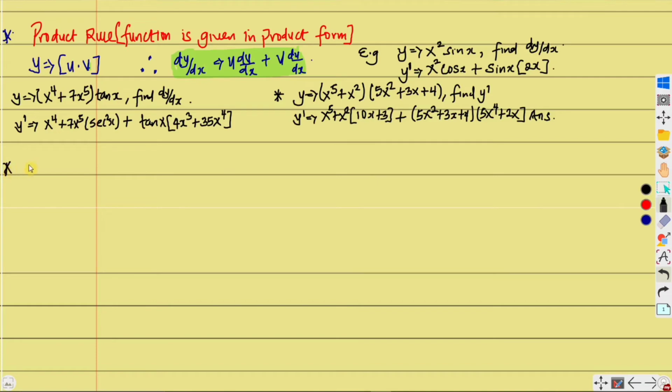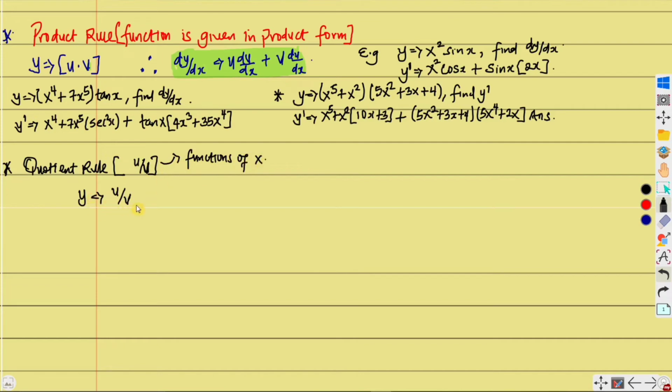The quotient rule, as we already discussed, is used in a situation where we have two functions of x, just like the other one, but they are expressed as ratios or fractions. For example, if we have y equals u over v, in this case u and v are functions of x.